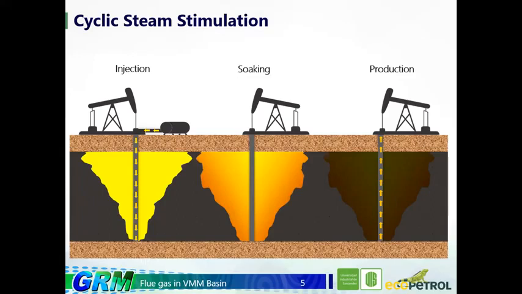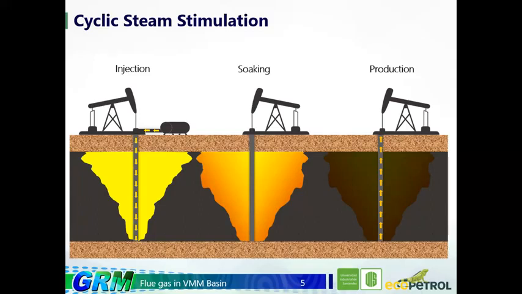several weeks commonly. Then comes the second stage, the soaking. In this stage, the well is shut in, and the energy transferred to the reservoir transforms the heavy oil that is near the wellbore. This time could be a few weeks.